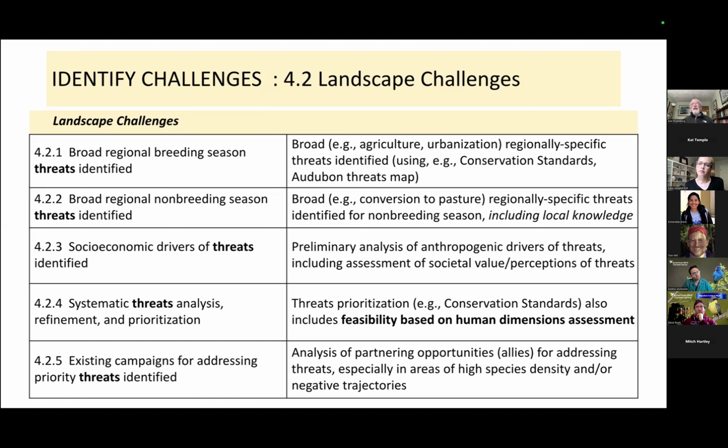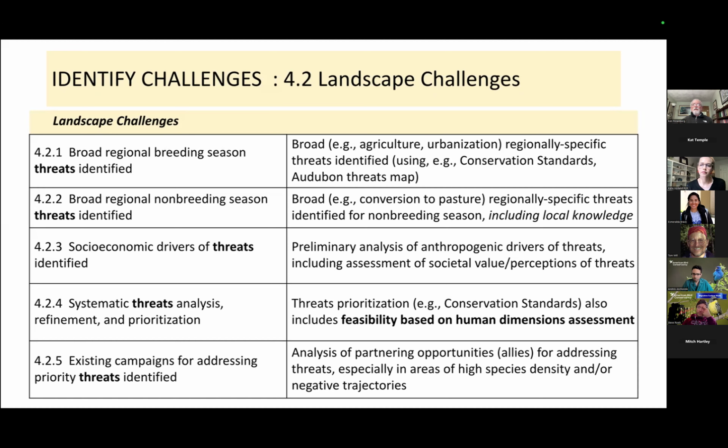So I just think that it's easy to get, and Tom said this, that not every working group is going to be able to deal with urbanization or some of these big threats. But the key part is figuring out how each declining species is interacting with that threat. And I guess that's really what's getting at the limiting factor.